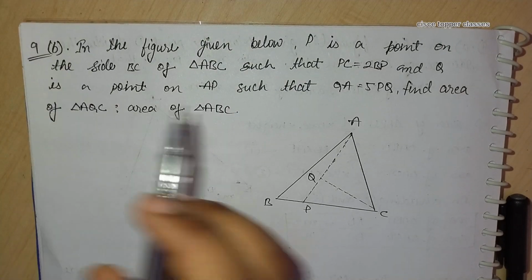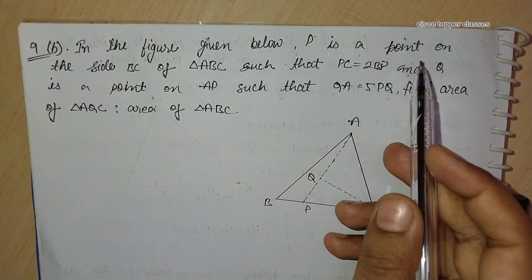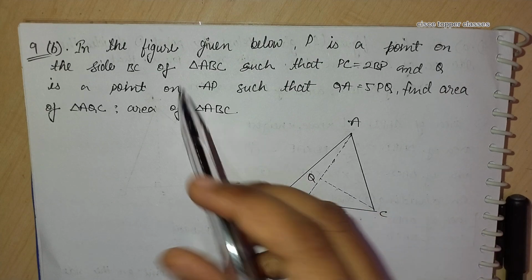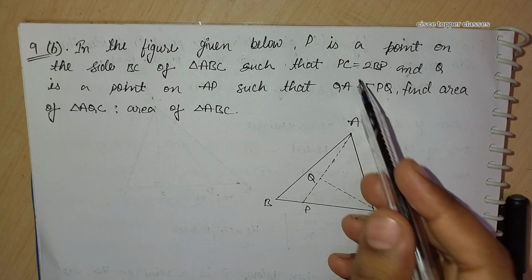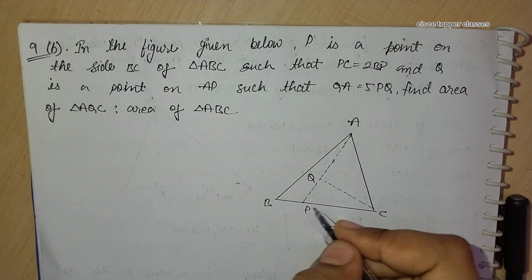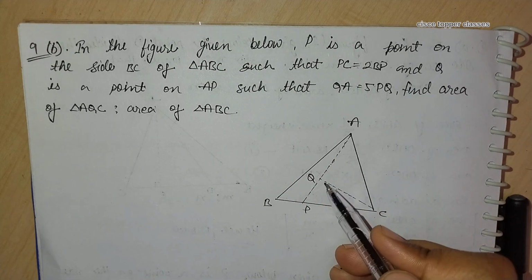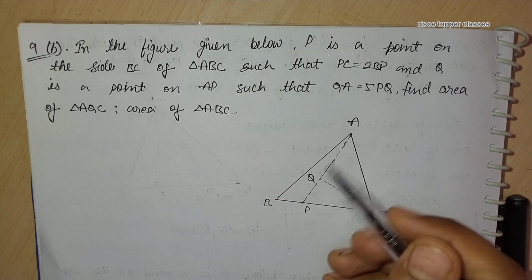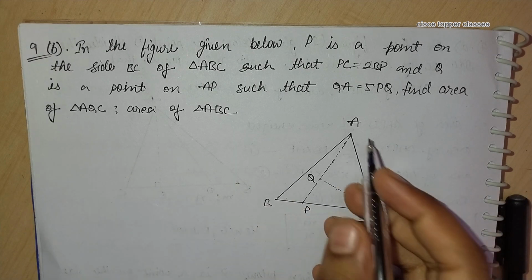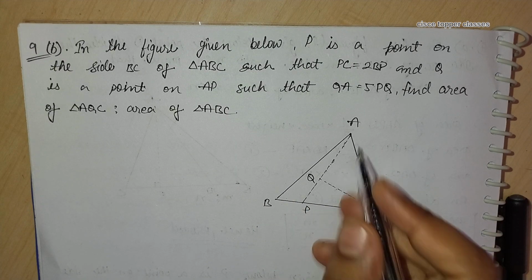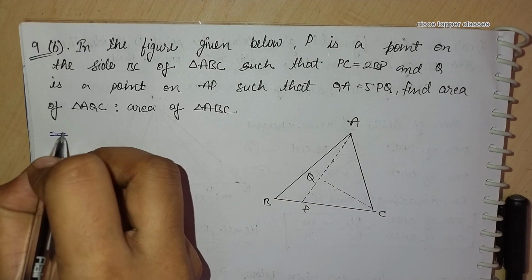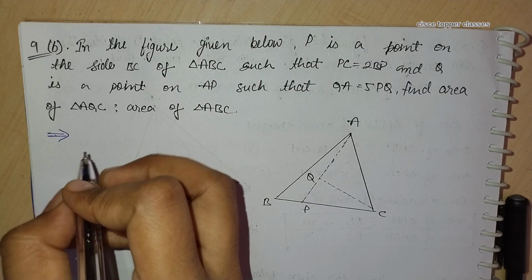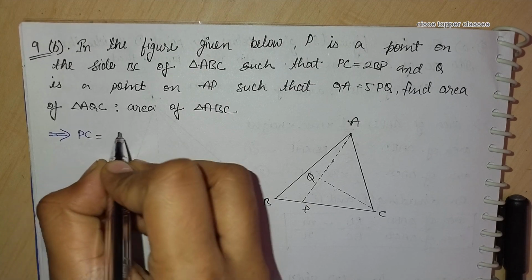Let us solve 9 second part. In the figure given below, P is a point on the side BC of triangle ABC such that PC is equal to 2BP, and Q is a point on AP such that QA is equal to 5PQ. Find area of triangle AQC ratio area of triangle ABC. So from here we can simply write PC is equal to 2BP.